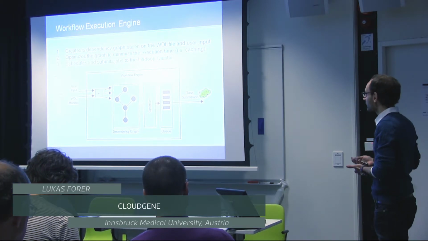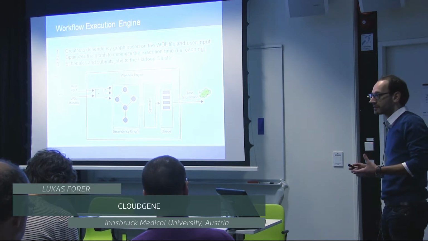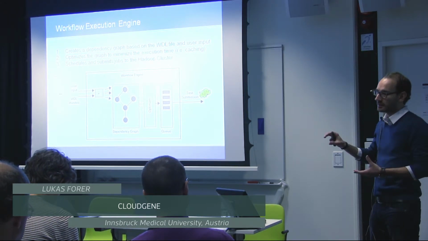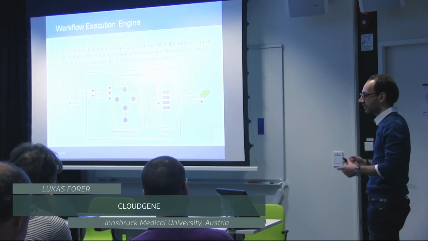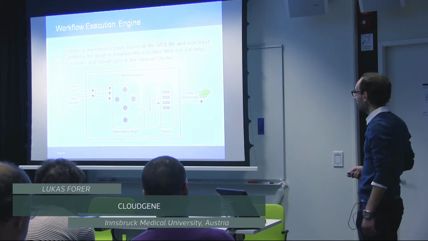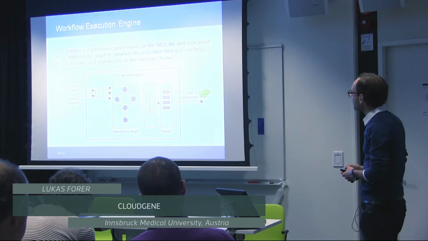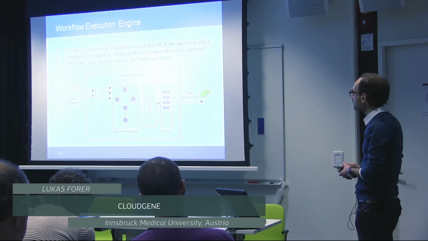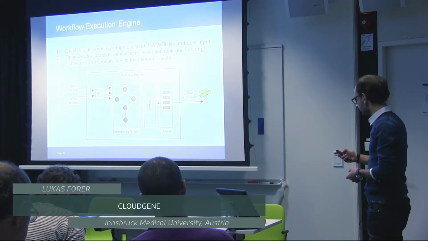In the next versions we also plan to implement some caching, so that we need to execute only those tasks which are new, where we have new input data or different parameters, in order to save time. And then in the last step, the optimized plan is submitted to the Hadoop cluster.